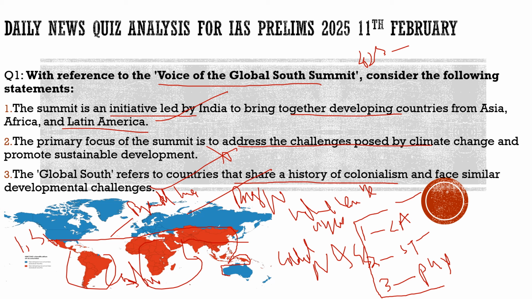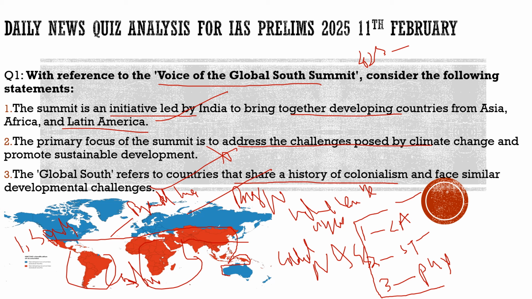So with this, I hope you had understood the question and also the context why we brought this question. Let me recap. It was in the article that India can be the bridge between the global north and global south. India has always highlighted the concerns of the global south, and yesterday we also discussed how it was proposed that India should highlight the global south's concerns in the AI summit, that AI should be modeled in a way that it helps those countries.